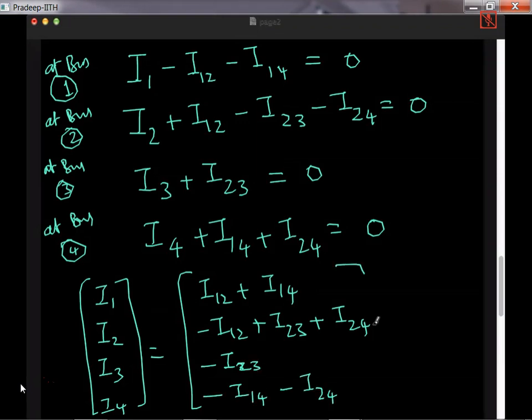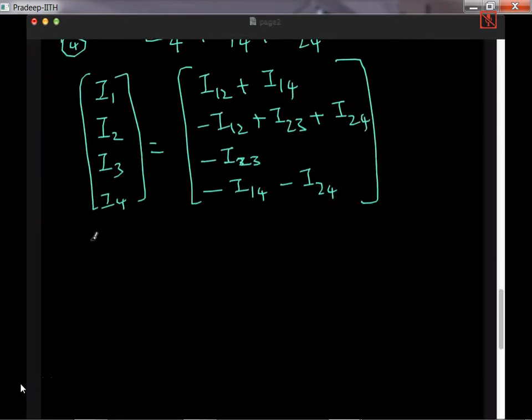So I am writing it in the form of a matrix. So this is the current injection vector. I'm sorry. So any doubts about this? Any doubts up to here?